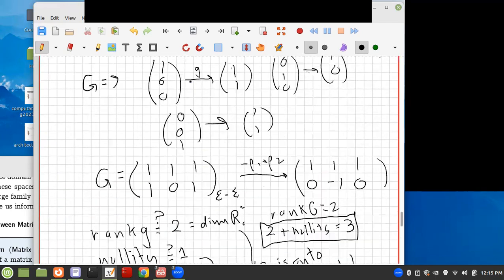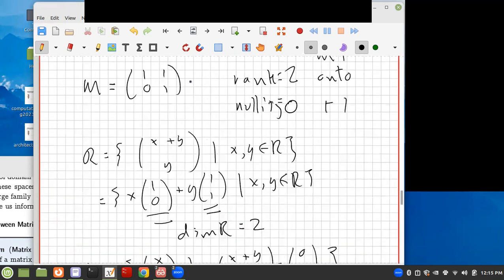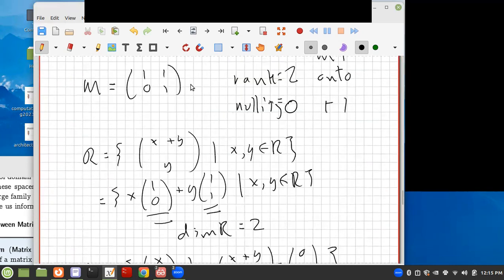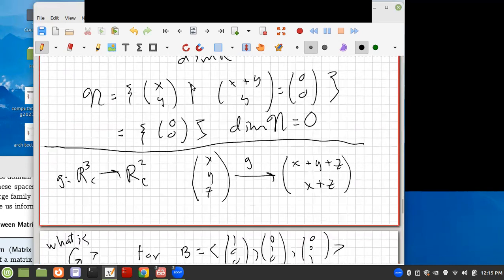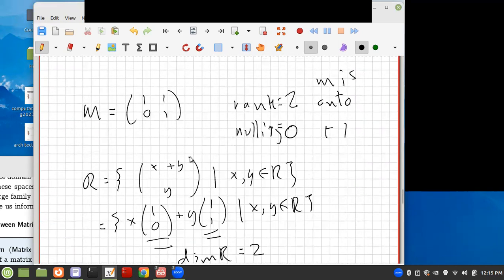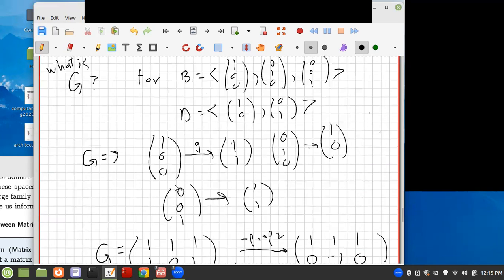Now, let's see what this is coming from. Oh yeah, here's the range space, X plus Y and Y. We know this is the range space here, right?